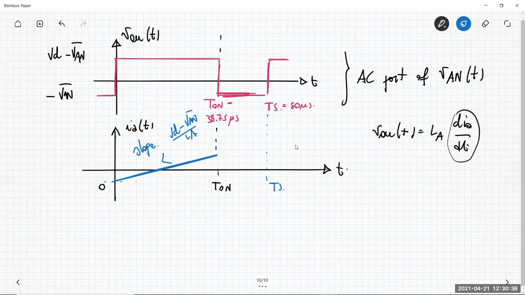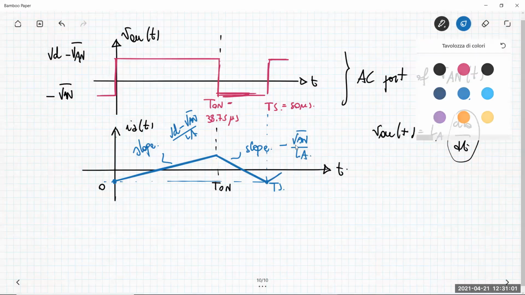We are in steady state, so the current at the end of the cycle should be the same as the current at the beginning of the cycle. Here the slope is negative VAN average value over LA. So the current has this behavior, the AC contribution of the current, okay?